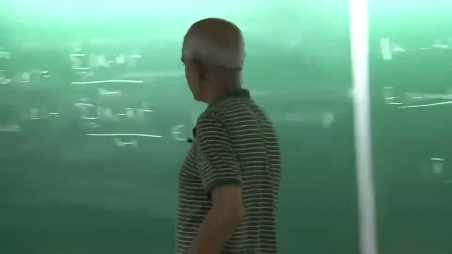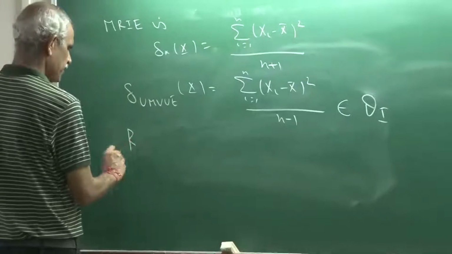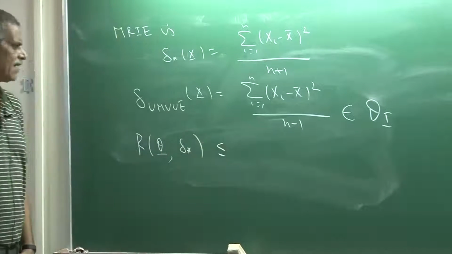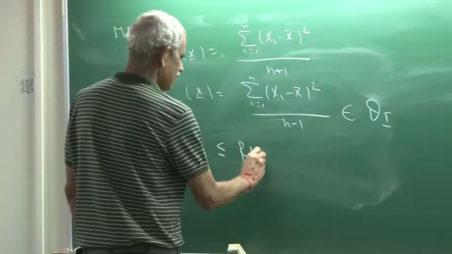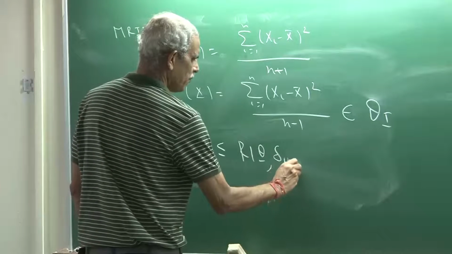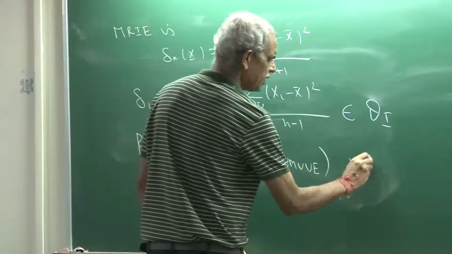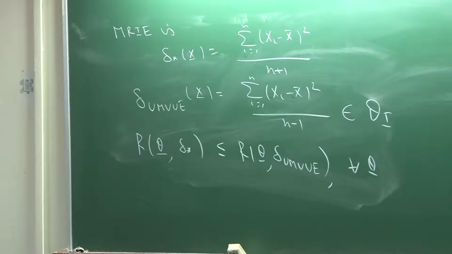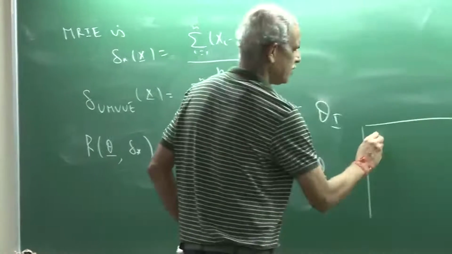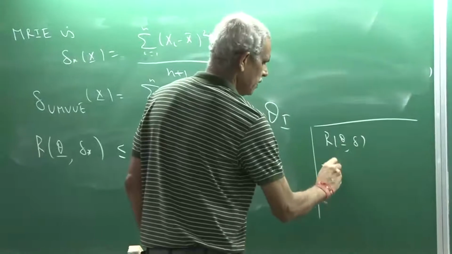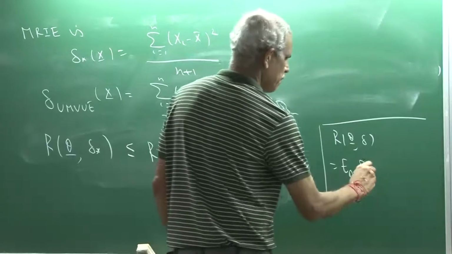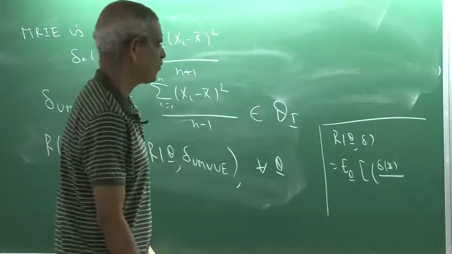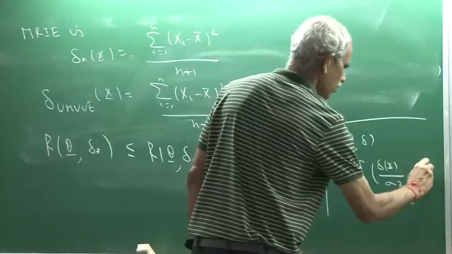So what you get is R theta of delta star x would always be less than or equal to R theta of delta UMVUE for every theta, where the risk of an estimator, R theta of delta, is the expected value of (delta x by sigma square minus 1) whole square.